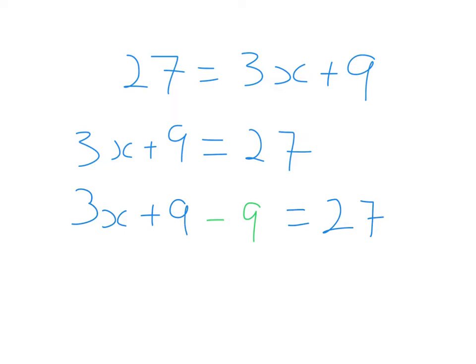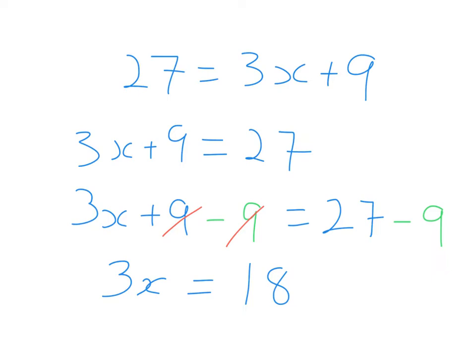And what we do to one side in algebra, we have to do to the other side. So 9, take away 9 here will cancel out and give you 0, just leaving us with 3x. On the right hand side, 27 minus 9 will give you 18.